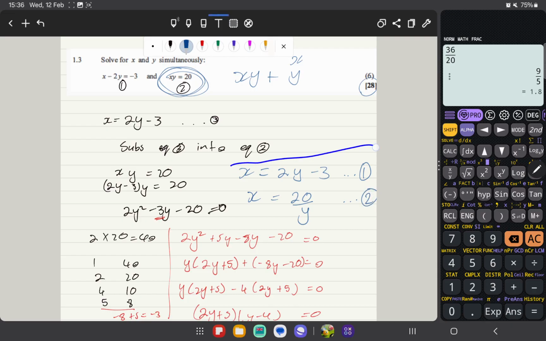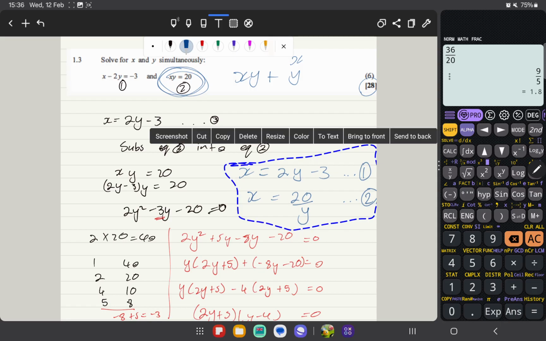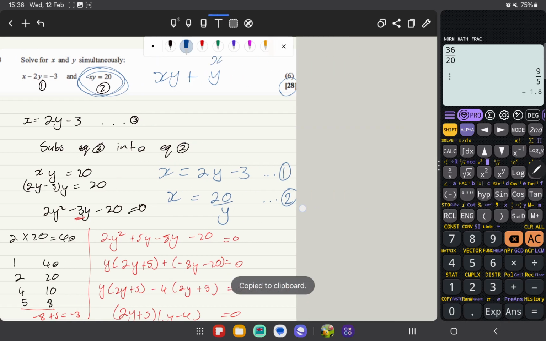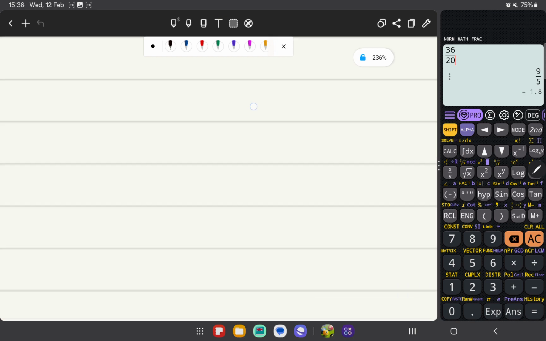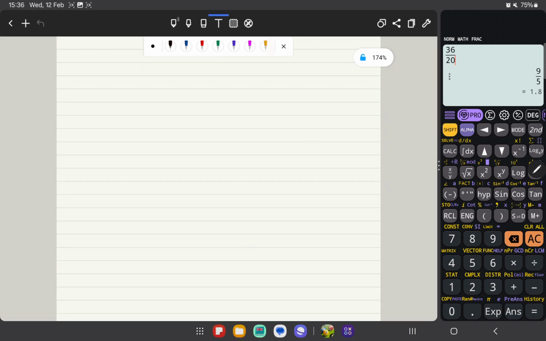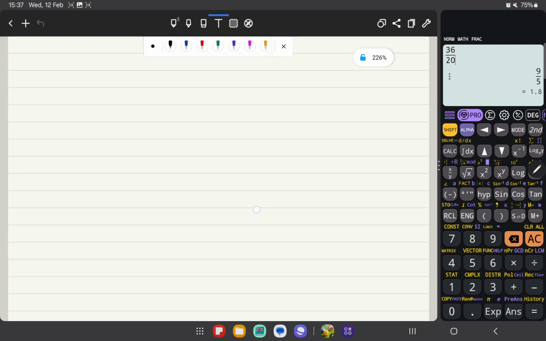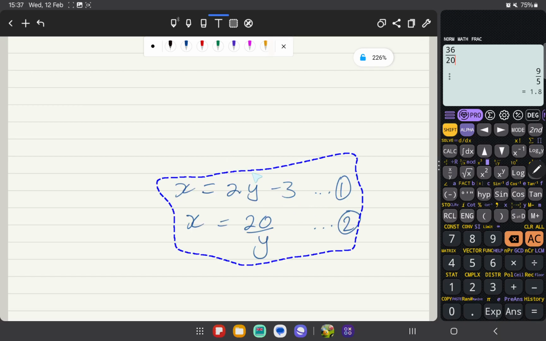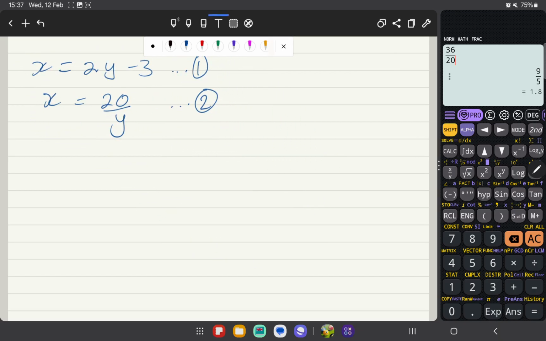This is gonna be fun. I'm gonna copy that and paste it here. Right, so now remember, I'm using elimination, so let me just say negative equation 1 plus equation 2.